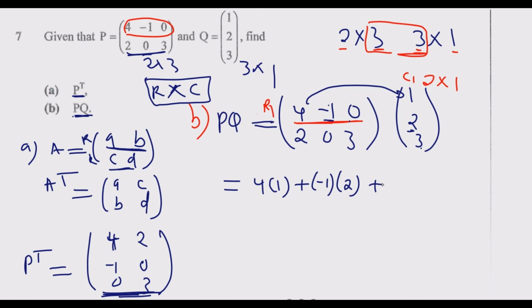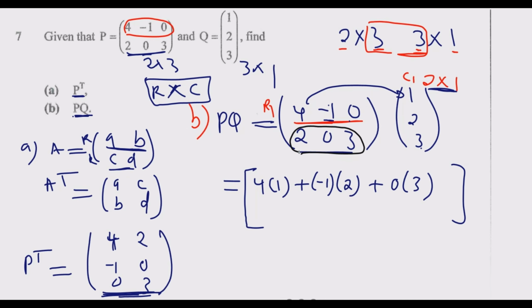This is not a minus, just so, this is the first row. Remember, it's a 2 by 1 result matrix, so it will have 2 rows by 1 column. Then the next one is the second row.